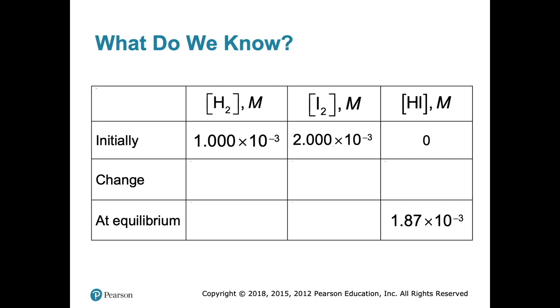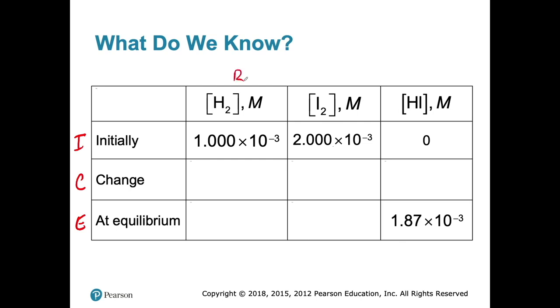It's called the ICE table because I stands for initial concentration, C stands for the change in concentration, and E stands for equilibrium concentration. The way you set up this ICE table is you put the reactants over here on the front end.